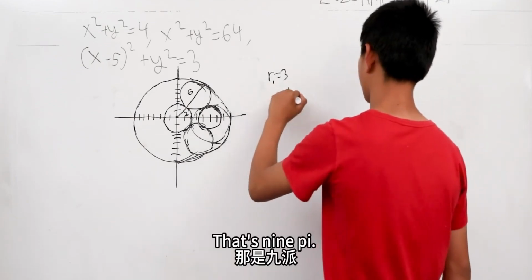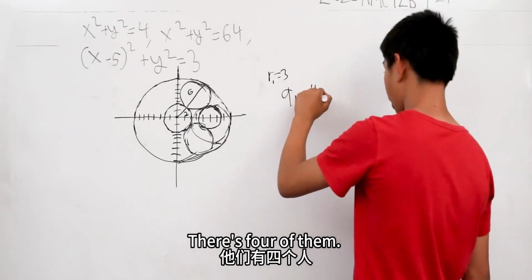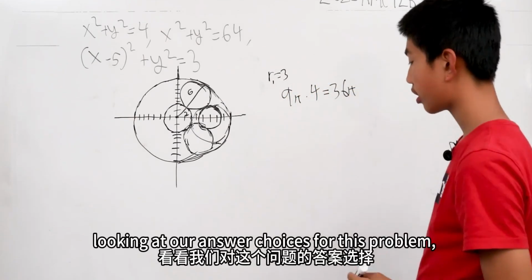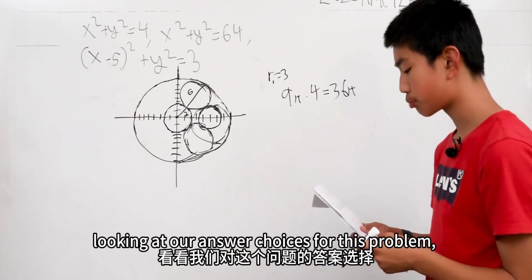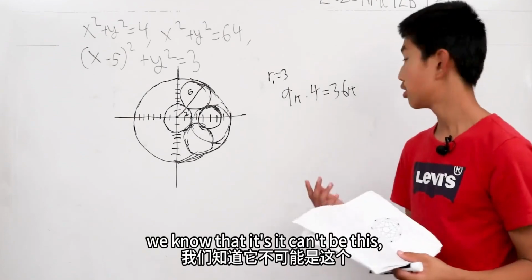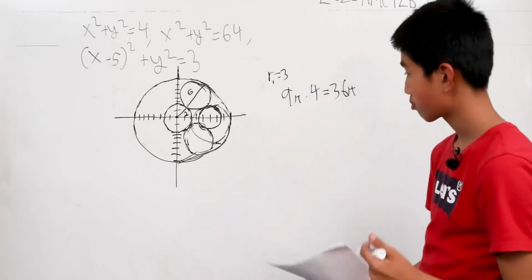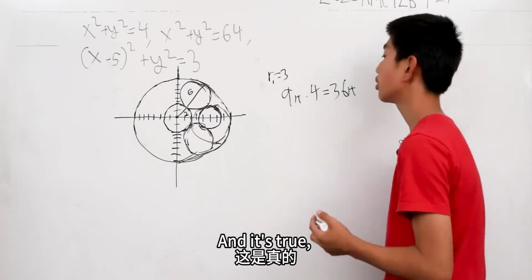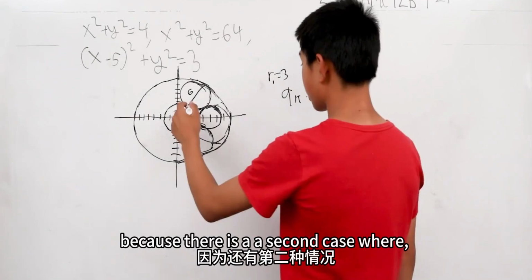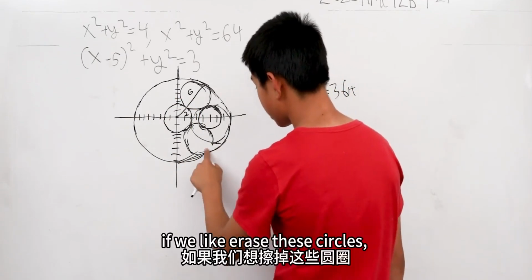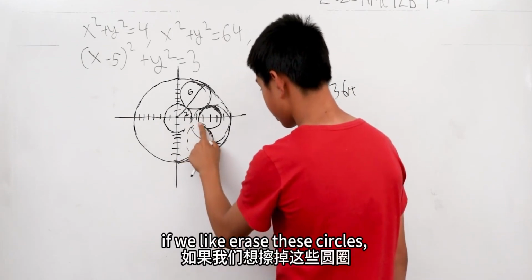Well, that's 9 pi. There's 4 of them, so this is 36 pi. Now, looking at our answer choices for this problem, we know that it can't be this because all the answer choices are greater. And it's true because there is a second case.